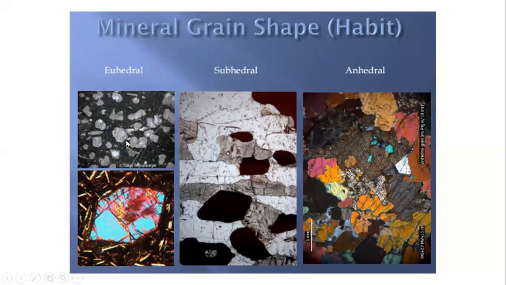You can observe that they have well-developed crystal faces, while on the other hand, the subhedral crystals do not have well-developed crystal faces, while anhedral crystals have no particular crystal faces. The crystal faces of anhedral crystals are absent. You can observe here that these crystals are irregular in shape. They don't have any particular crystal faces. So such crystals are termed as anhedral crystals.